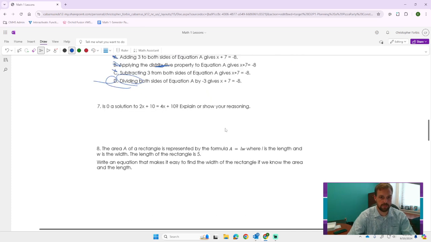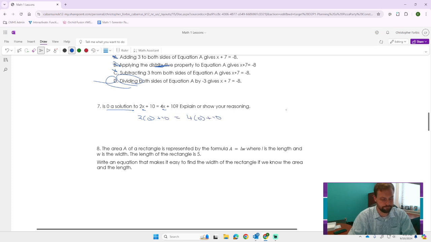Number 7 says, is 0 a solution to 2x plus 10 equals 4x plus 10? Explain or show your reasoning. I love it when I ask these questions. Is 0 a solution? Well, if it's a solution, that means if I plug it in for x, it works. So is 2 times 0 plus 10 equal to 4 times 0 plus 10?